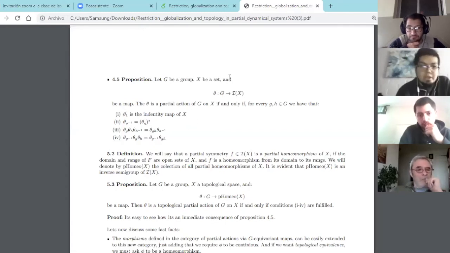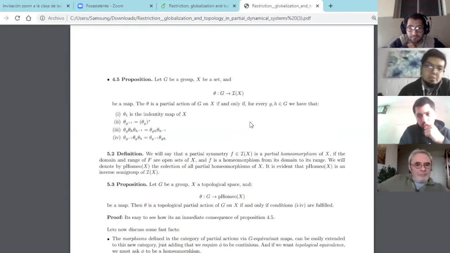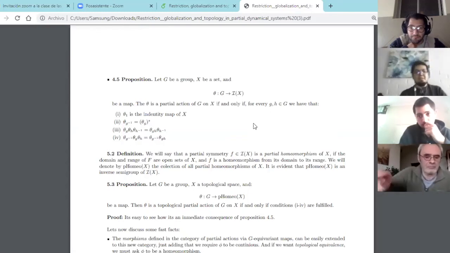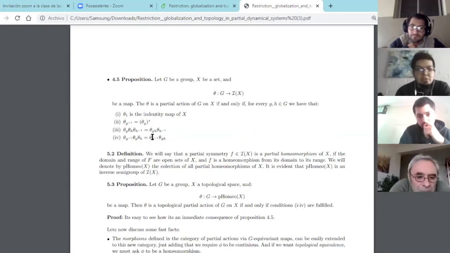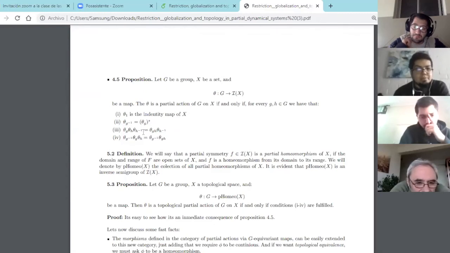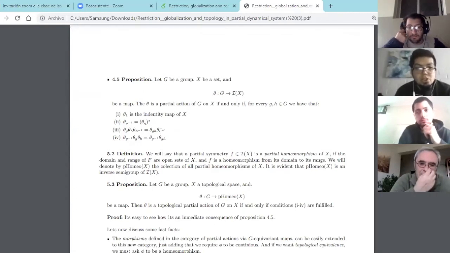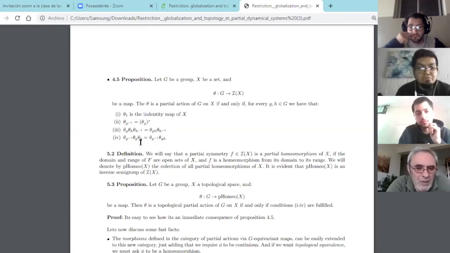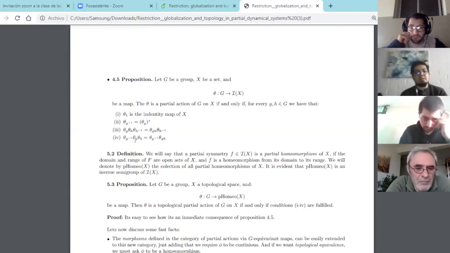So this function should take the identity of the group into the identity of partial symmetries. It is written in two fashions to ensure the symmetry, and this guarantees what Diego asked for, the domains of the compositions.